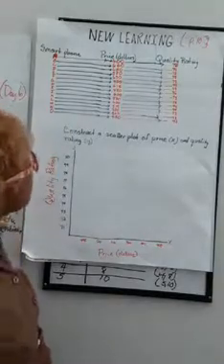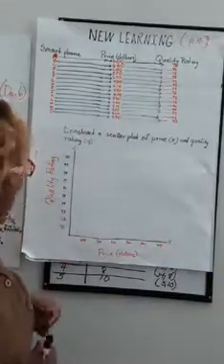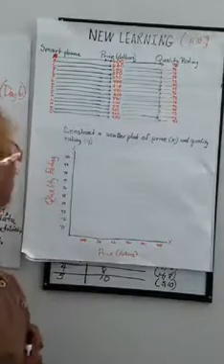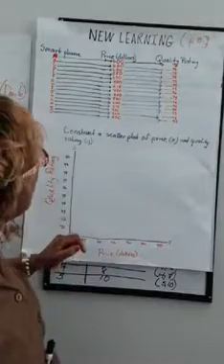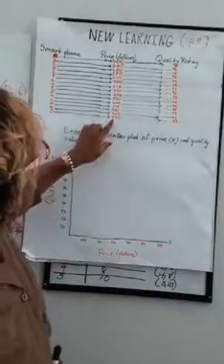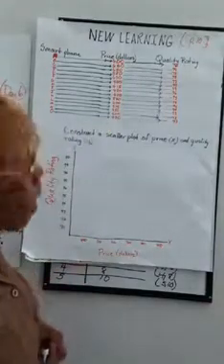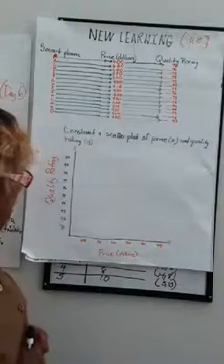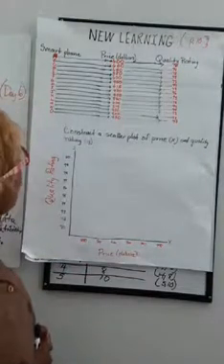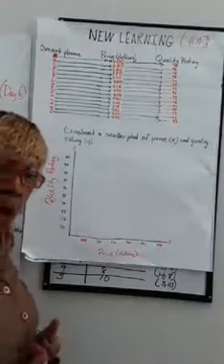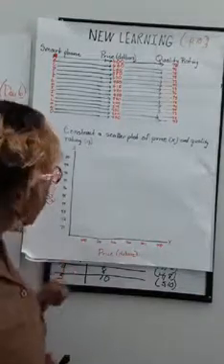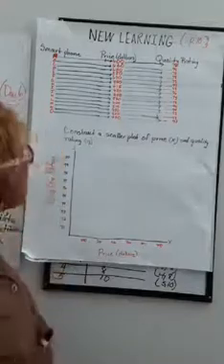So I looked at this and I said, okay, my numbers when it came to price in dollars, my smallest number here was 450. So if my smallest number is 450, I can start at least at 400 when creating my scale.